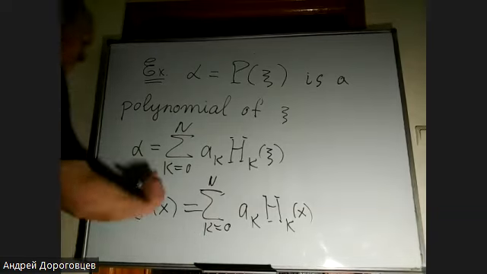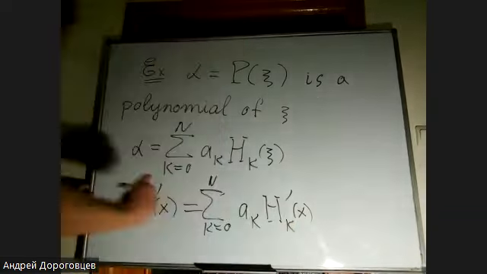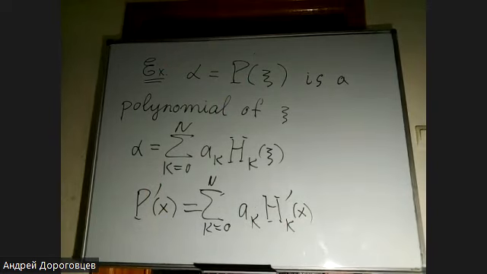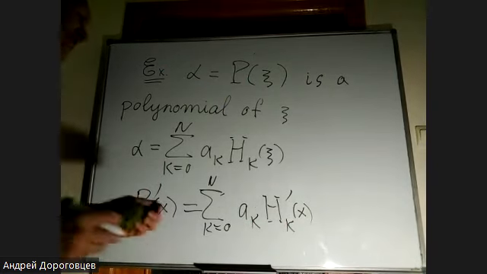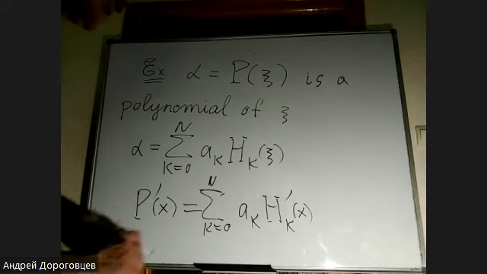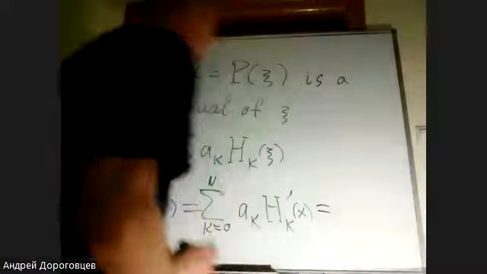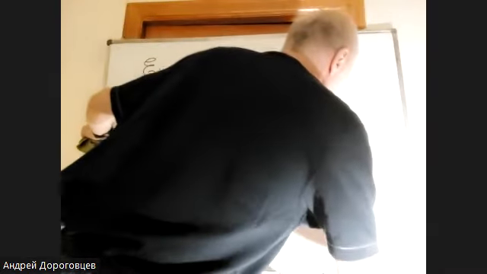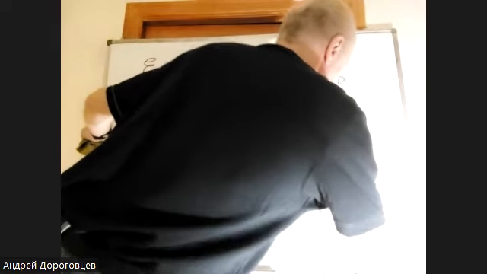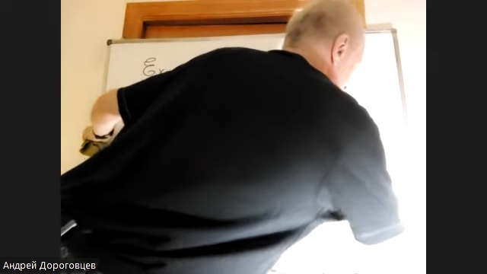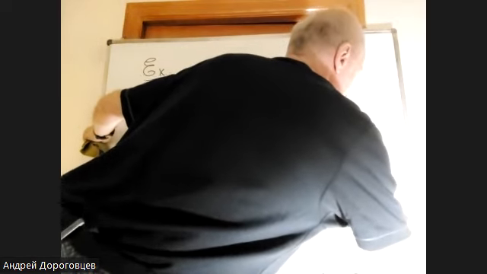So then one can take derivatives on both sides, and finally one can continue this series and get that it is equal to the sum from k equals 0 to n of k a_k h_{k-1} of x.